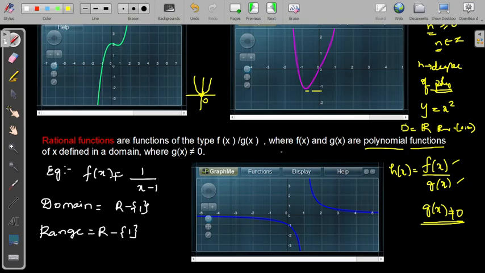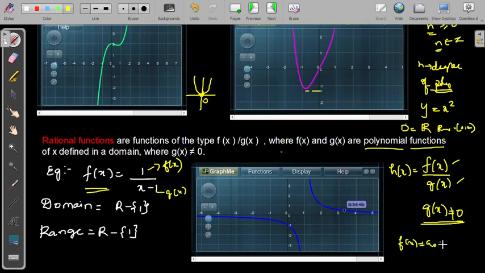Now example, f of x is equal to 1 by x minus 1. Okay, this is the graph of 1 by x minus 1. So this function is called a rational function because f of x is 1 and g of x is x minus 1. f of x is a polynomial function clearly. Constant is always a polynomial function because f of x is equal to a naught, just a naught is present.